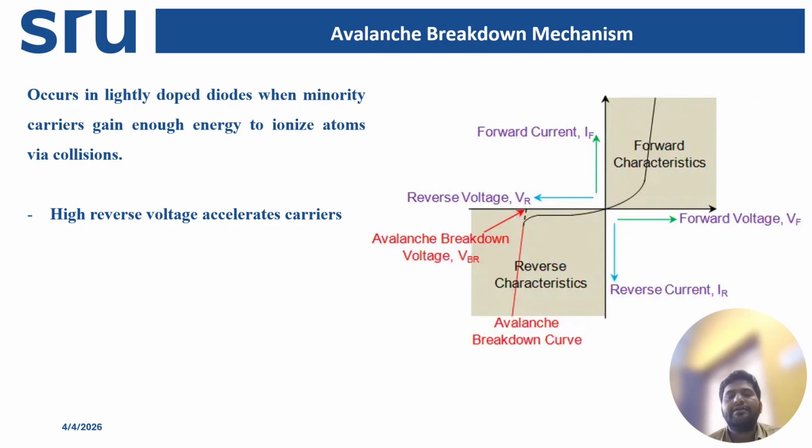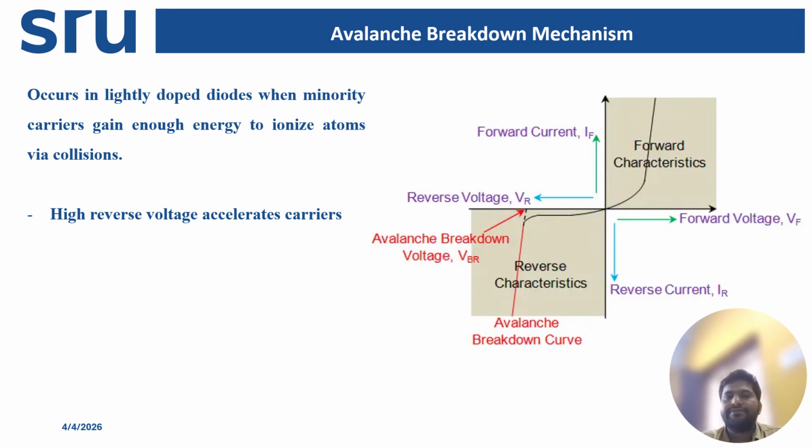This collision knocks out valence electrons, and new free electrons and holes are generated. These newly generated carriers also accelerate and collide with other atoms. This creates a chain reaction. This process is called impact ionization.